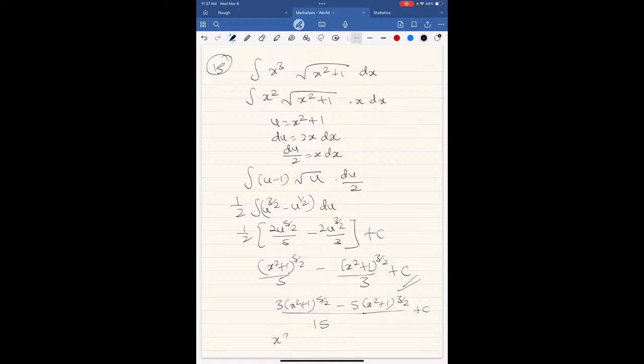Now if you take (x square plus 1) to the power 3 by 2 common, this will just be 3x square plus 3 minus 5 by 15, and that is (x square plus 1) to the power 3 by 2, (3x square minus 2) by 15. I guess that's the answer given there.